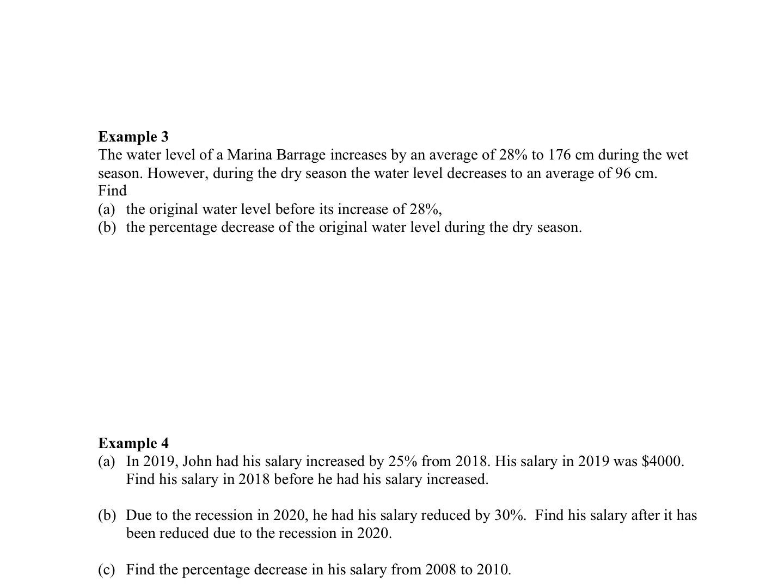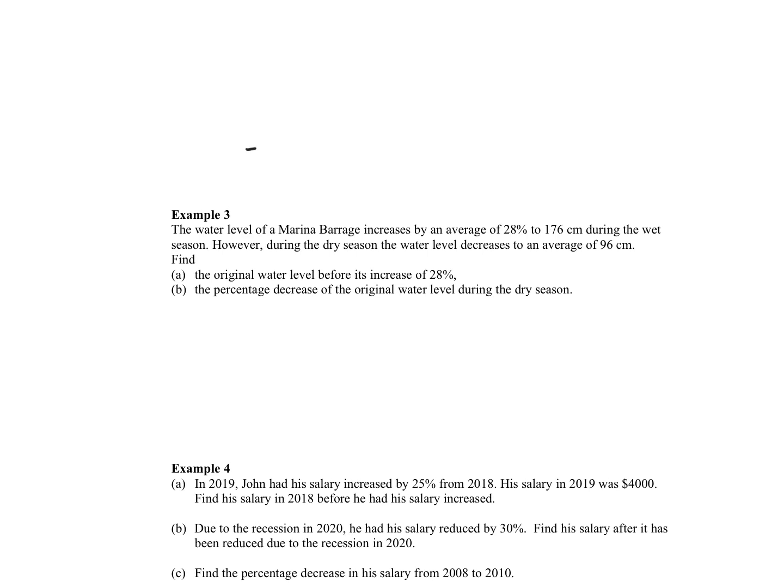However, during the dry season, the water level decreases to an average of 96 cm. Find the original water level before its increase of 28%. So let's say this is my original, which is at 100%.